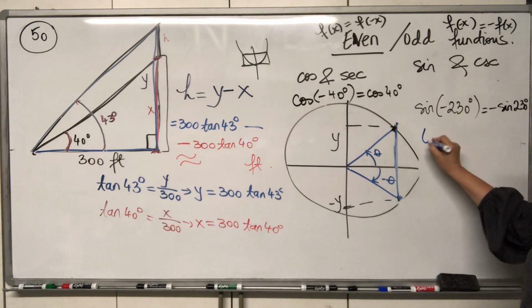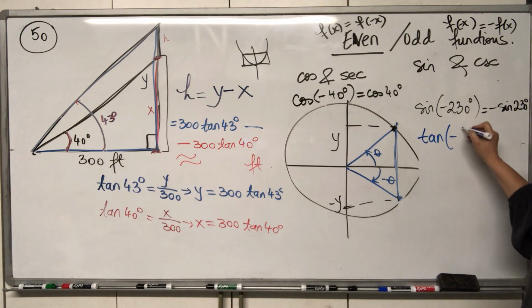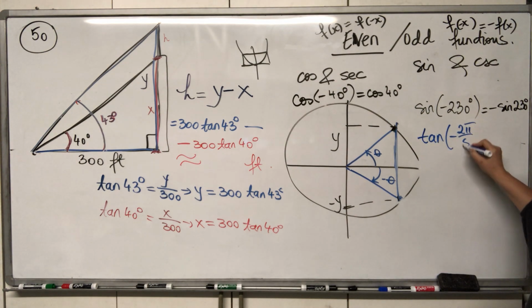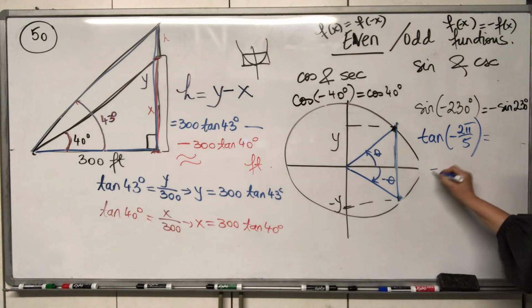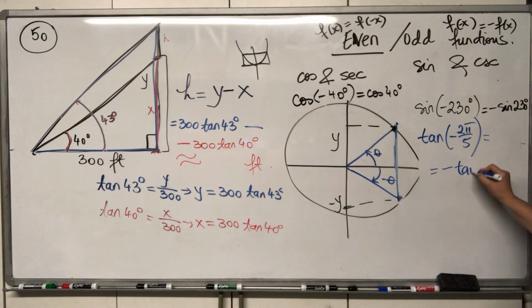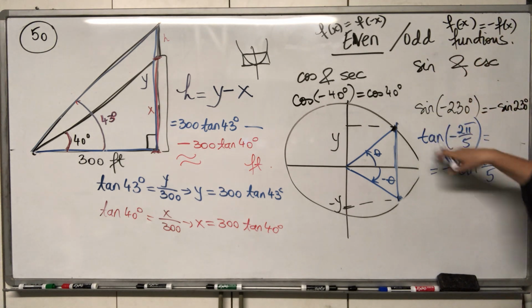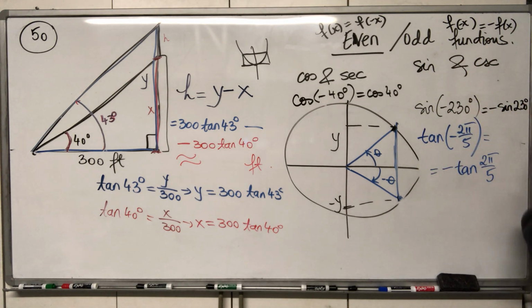Tangent of negative 2 pi over 5, let's just put radians, is equal to what? Negative tangent of 2 pi over 5, yes? So tangent and sine throw the minus out, right? And of course their reciprocals do the same, okay?